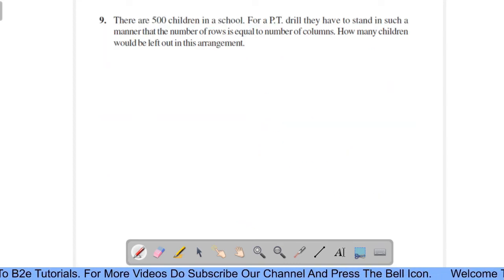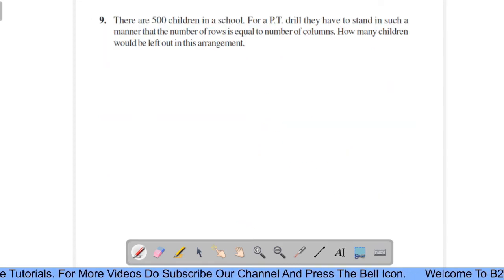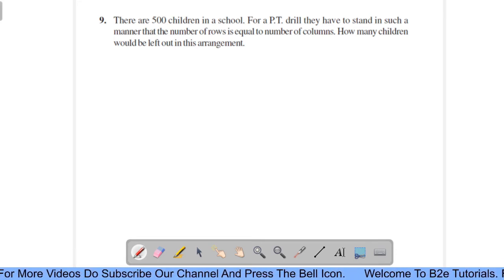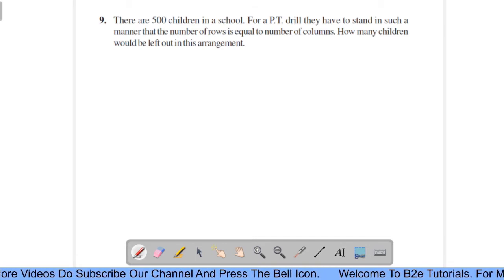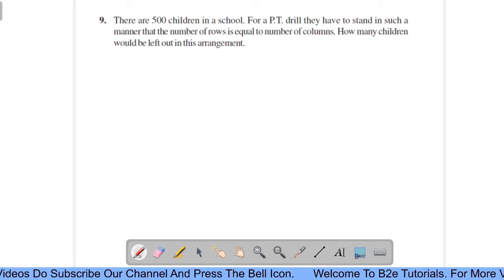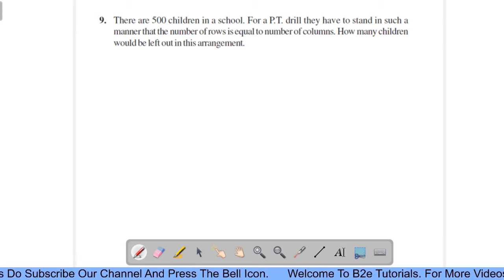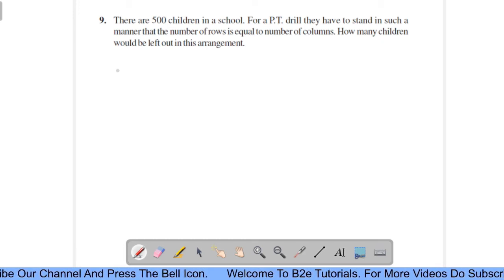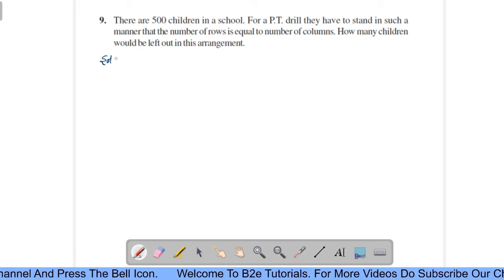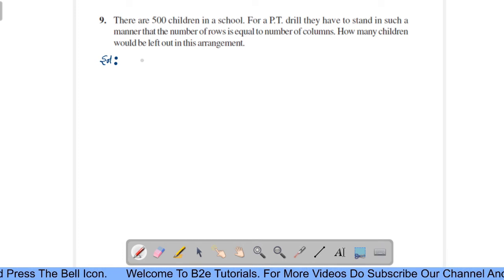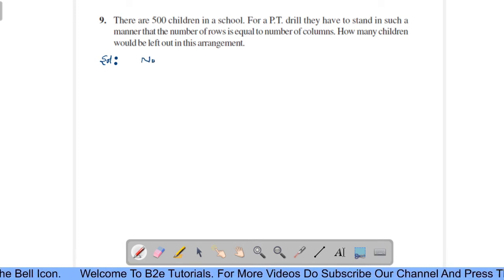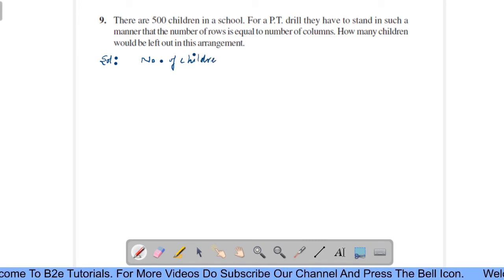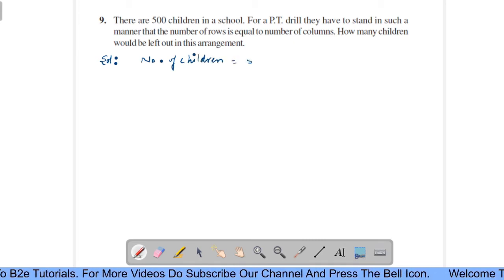Question number 9. There are 500 children in a school. For a PT drill, they have to stand in such a manner that the number of rows is equal to the number of columns. How many children would be left out in this arrangement? Let us see the solution. Here number of children equals 500.